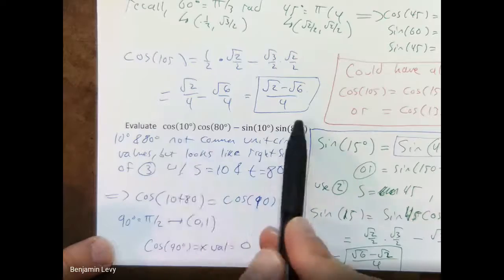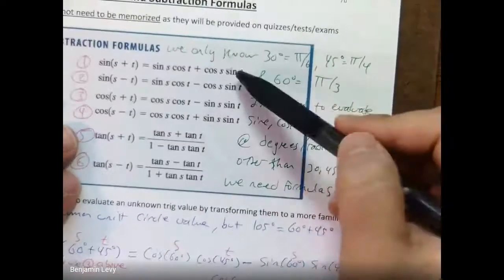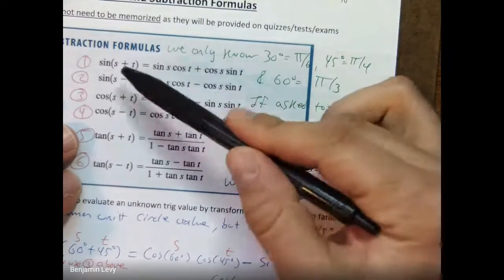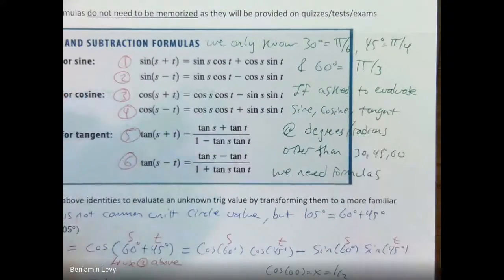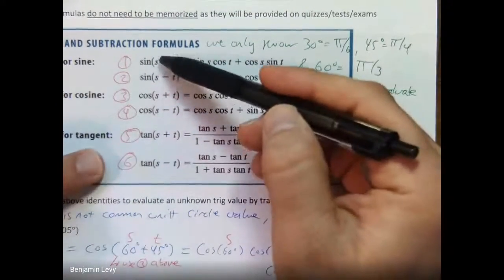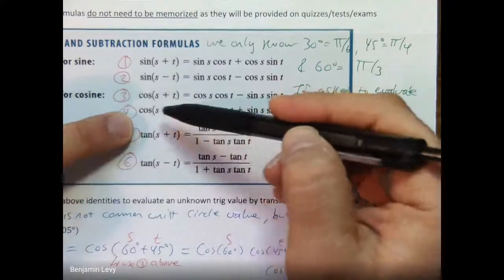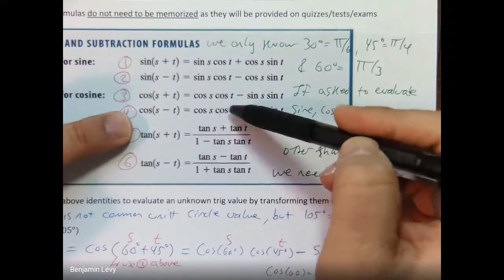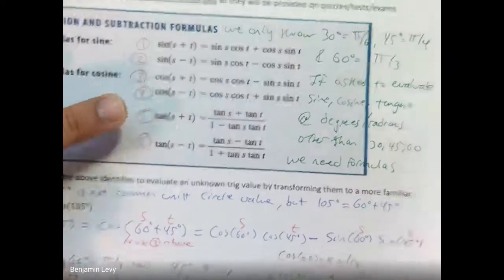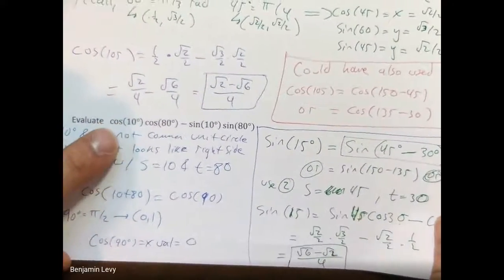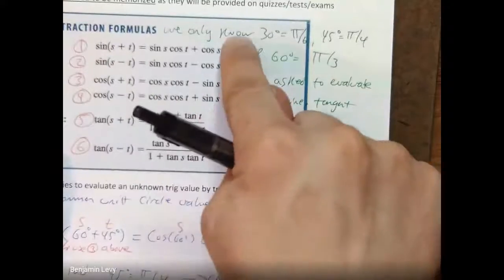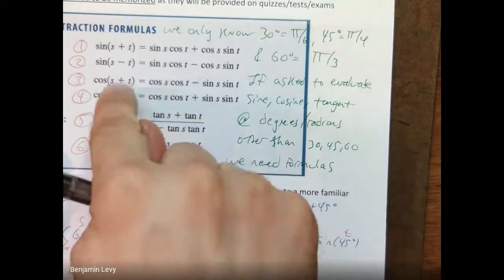This kind of problem is giving you the right-hand side of this and asking you to go back to the left. So like most of the time in practice, you start with something that looks like the left-hand side, and then you rewrite it as the right-hand side, which we've done a couple times now. This problem is giving you something that looks like it's one of these things, and then you go backwards and do it on the left.